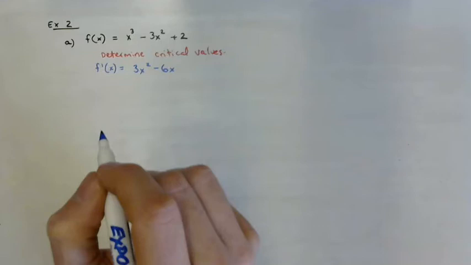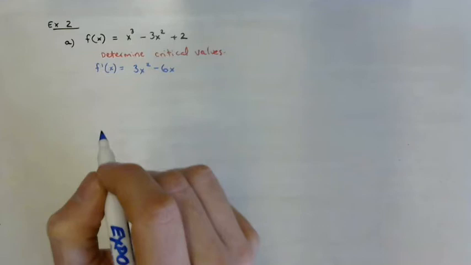In order to find our critical points, we sub into f of x. So f of 0 is 0 cubed minus 3 times 0 squared plus 2.